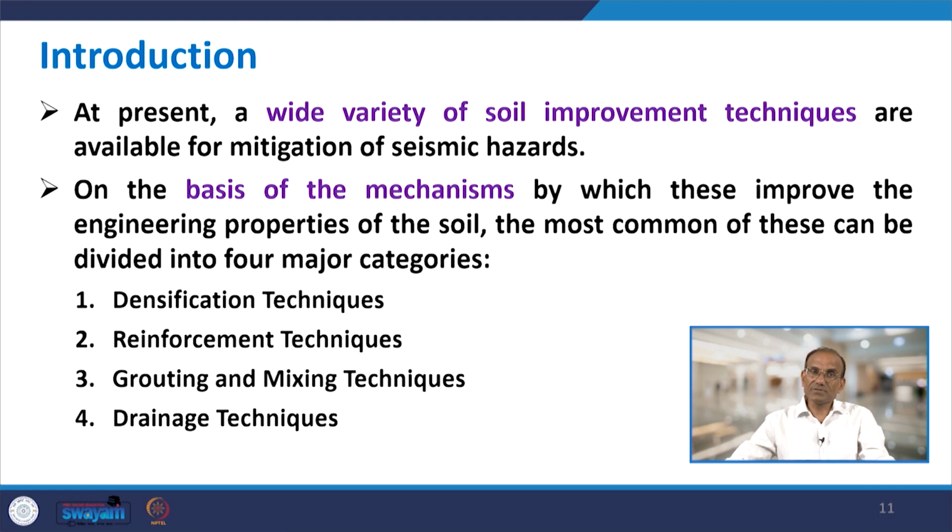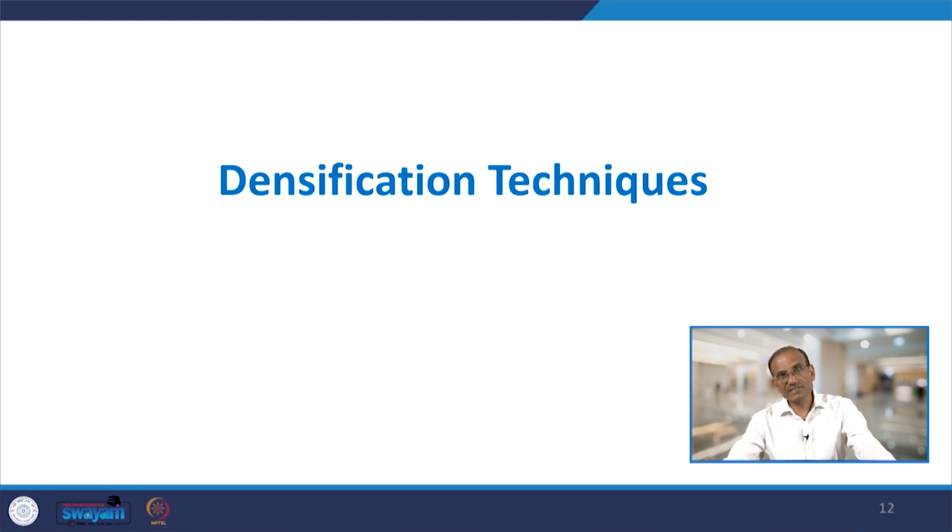We will continue in this lecture with the densification technique, and in the second lecture also on the densification technique. Once it is over, then we will talk about reinforcement techniques, then grouting and mixing techniques, and finally drainage techniques. So, let us start with densification techniques.